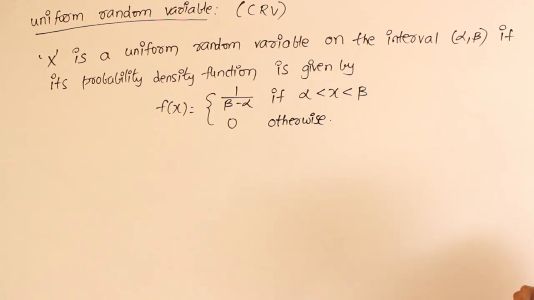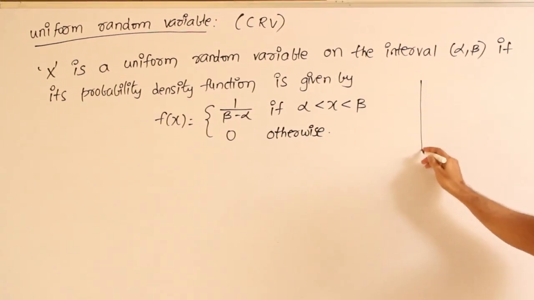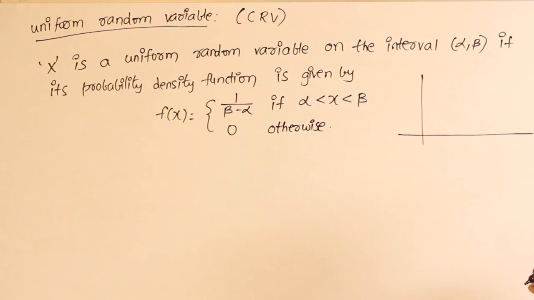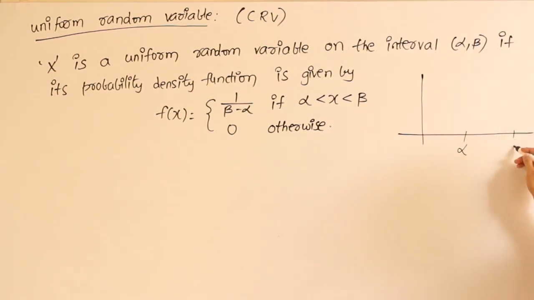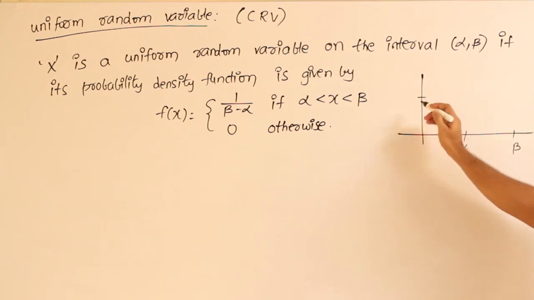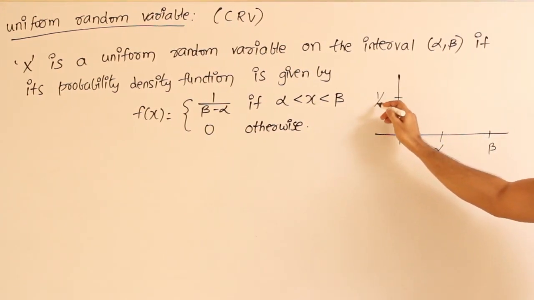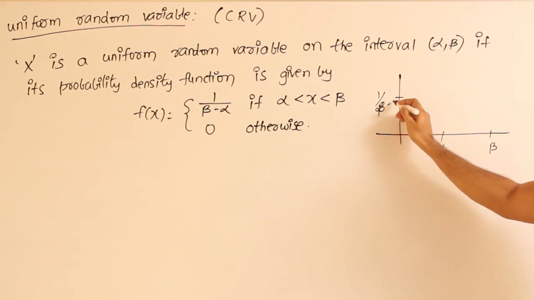So what they mean by this is, if you see the uniform probability density function, let us say this is alpha and this is beta, and this particular value is 1 by beta minus alpha.